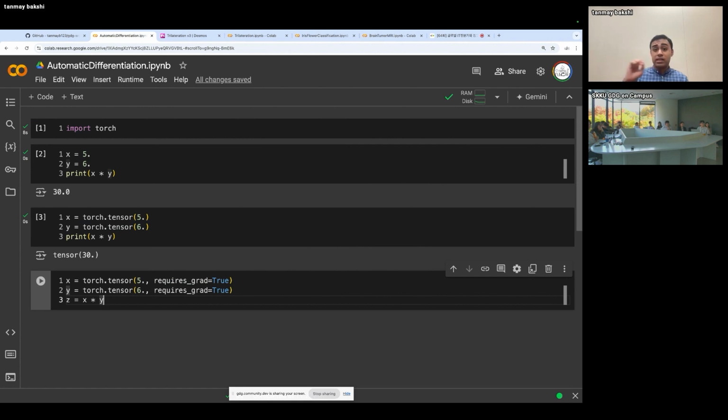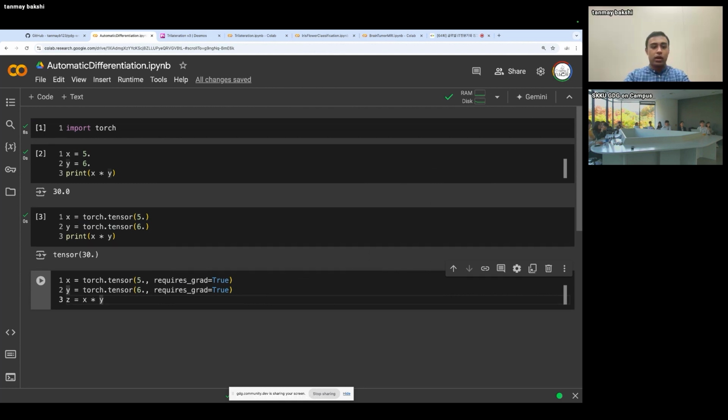And when PyTorch notes down all those operations, it constructs a large graph in memory. That graph is used to figure out what operations you ran, and using that graph, PyTorch can then automatically compute the derivative of those operations with respect to any one of the variables that you use within those operations.